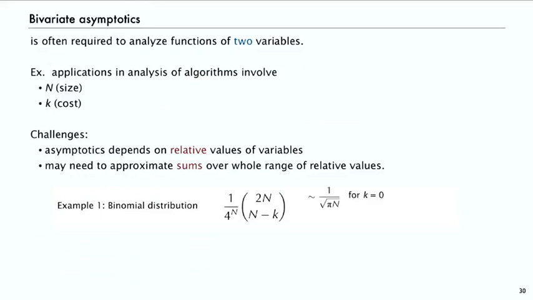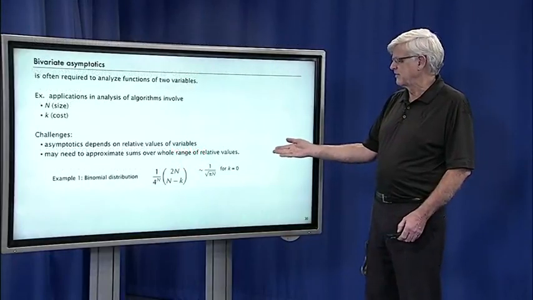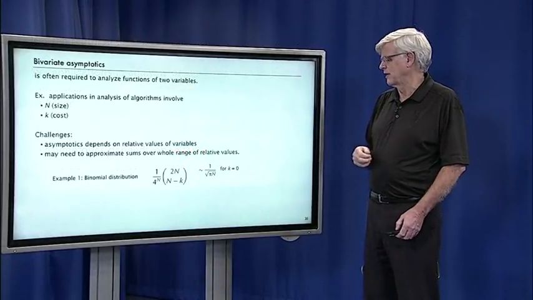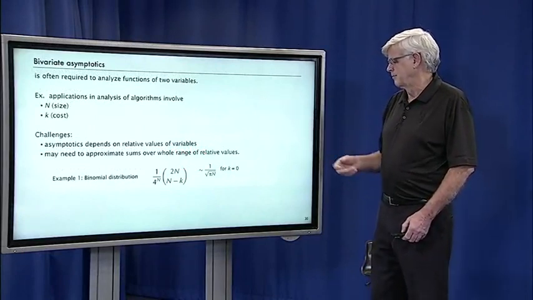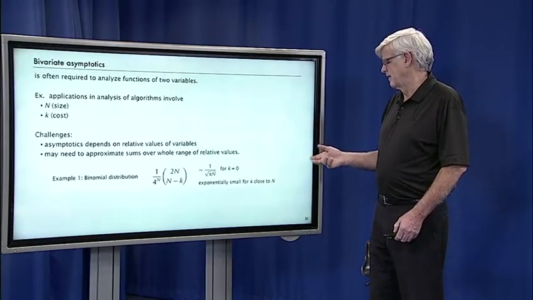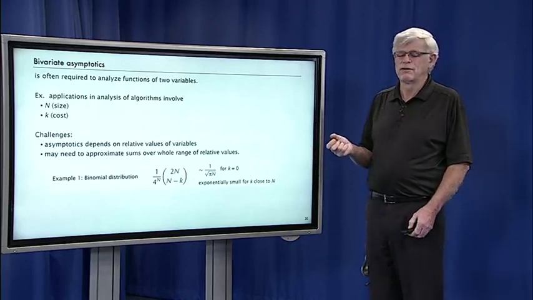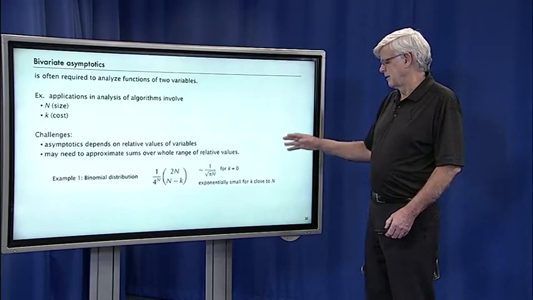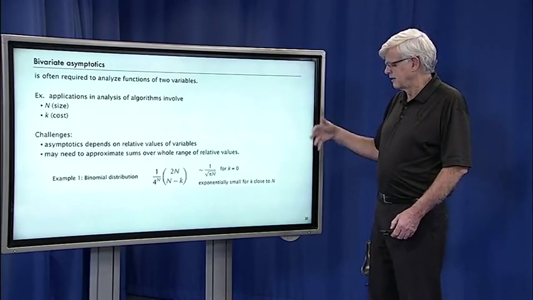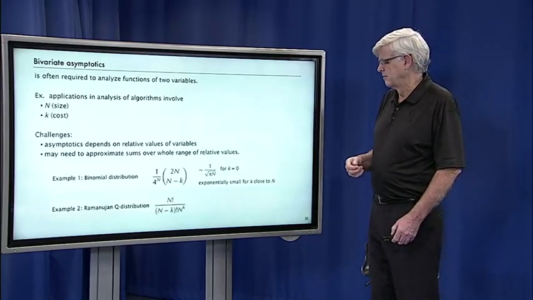It turns out that, as I just explained for the Catalan numbers, if k is 0, that's close to 1 over square root of pi n. That's 2n choose n. But if k is large, that's exponentially small. It's a very, very tiny quantity. So we're going to have to come up with an analysis that tells us both those things.